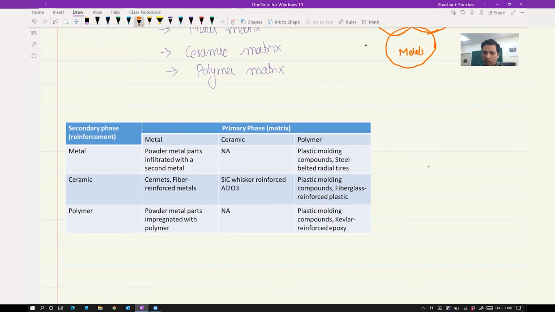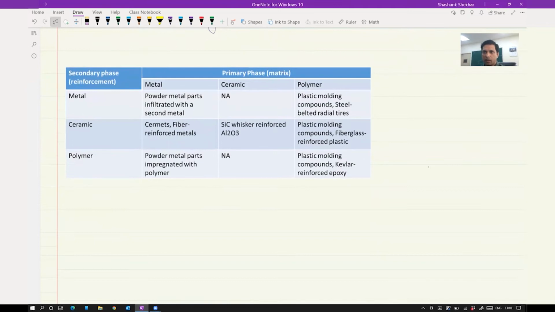But then there is also ceramic matrix with ceramic reinforcement, and this is particularly done to improve the toughness of ceramics. This is also something that you would get to see in the next part, or part 2, of this course. Metal matrix is one of the most common ones. Now let's also look at, other than these three, there is also a possibility of having something like carbon-carbon composites.